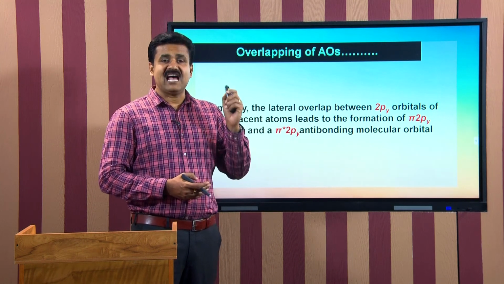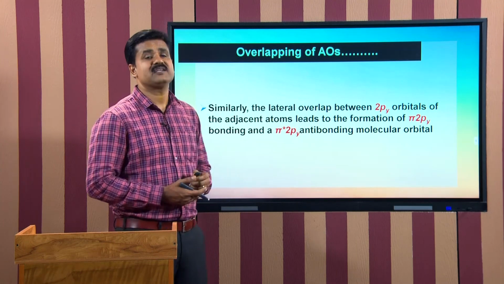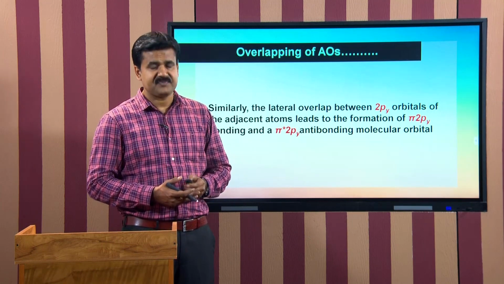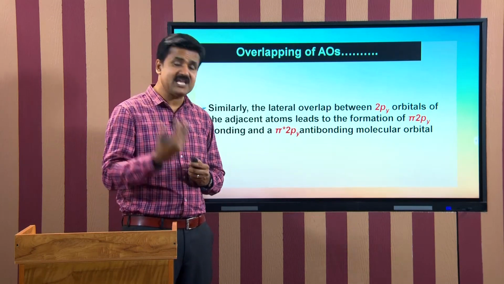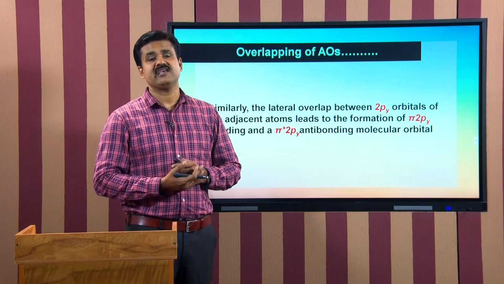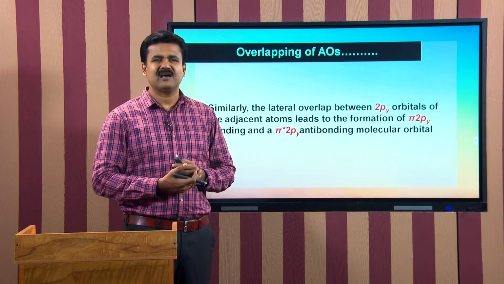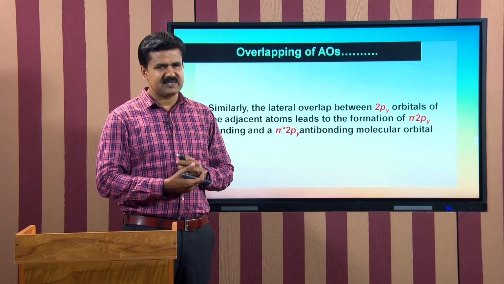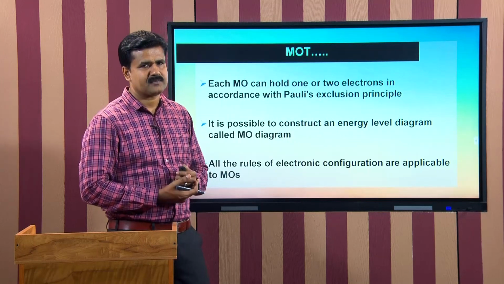Similarly, lateral overlap also happens between 2py orbitals of adjacent atoms, and that leads to the generation of pi 2py bonding MO and pi star 2py anti-bonding MO. That is all about the overlapping of atomic orbitals to form the first 10 molecular orbitals.